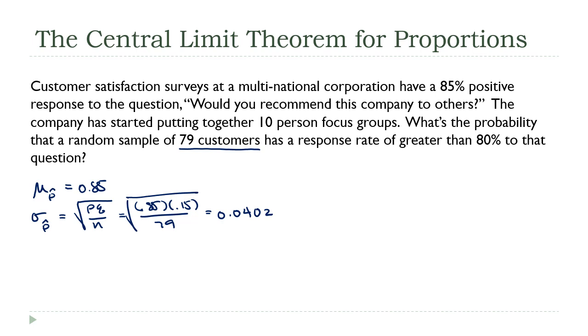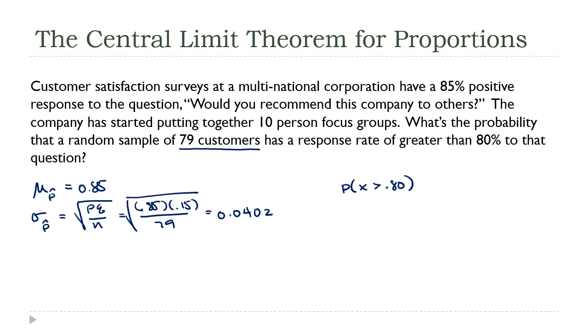All right, now we can answer our question. What was the question? The question is, what is the probability that a random sample has a response rate greater than 80%? So I'm trying to calculate the probability that a response is greater than 0.80. Well, now I can just use the methods we've talked about before. I'm going to calculate a z-score. Then I'm going to go to my table or Excel, your calculator, whatever technology solution you use, and that should give me my answer.